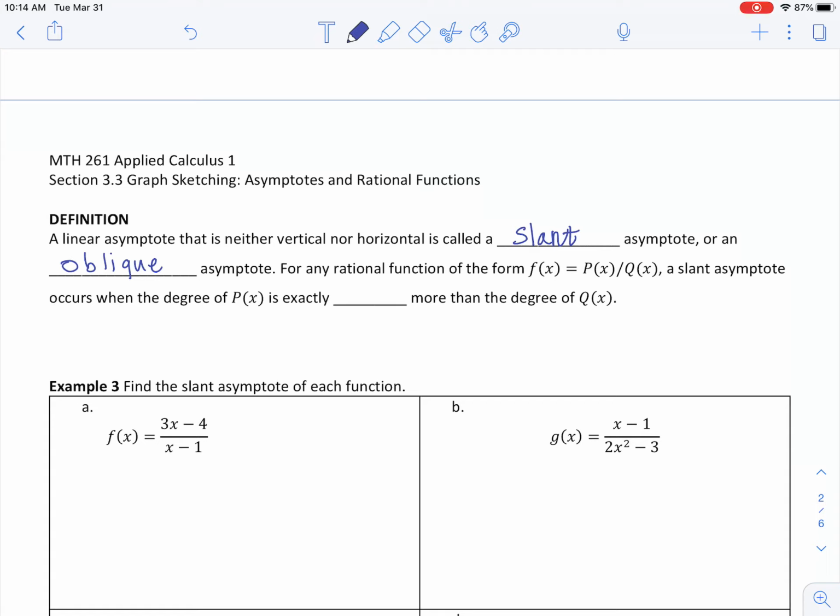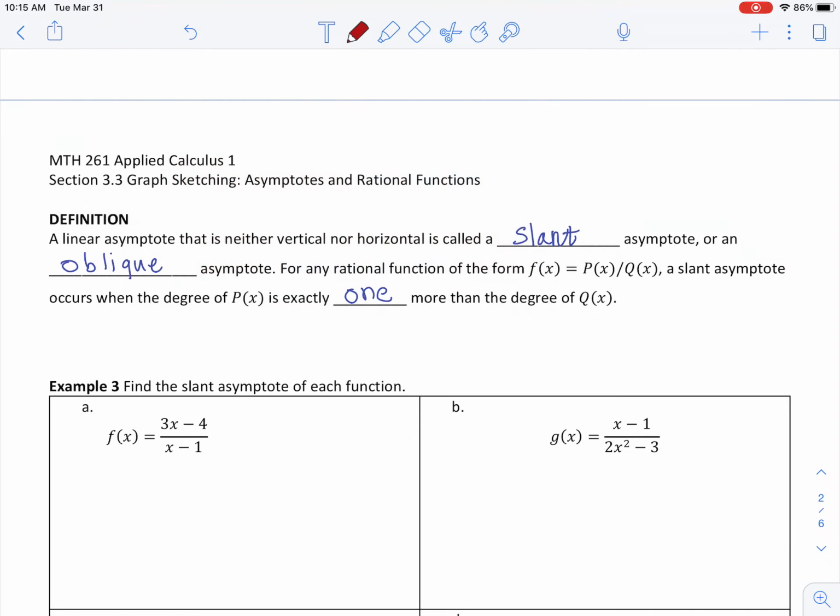For a rational function, where we have a ratio of two polynomial functions, you will only have a slant asymptote when the degree of p of x, the numerator, is exactly one more than the degree of q of x.